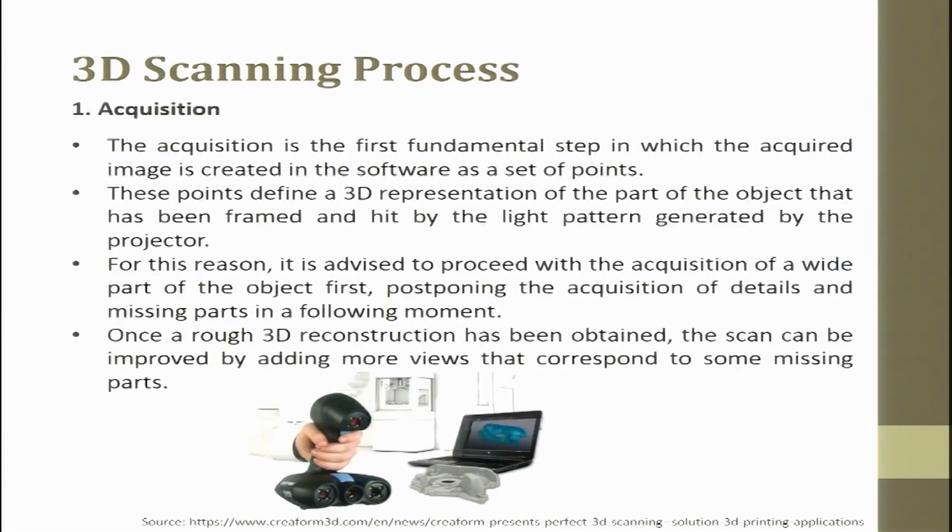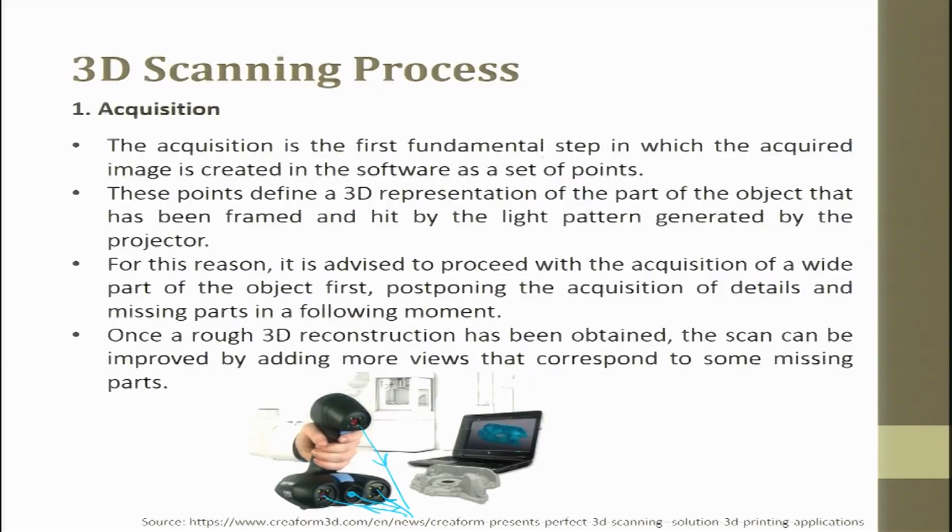So what is acquisition of data? Acquisition is the first fundamental step, in which the acquired image is created in the software as a set of data points. You can see here there is a laser which comes here, a laser which comes here, and then you have one more laser which is used for aligning. These can be the data points which get acquired, and this blue laser is used for aligning or calibration, whatever it is.